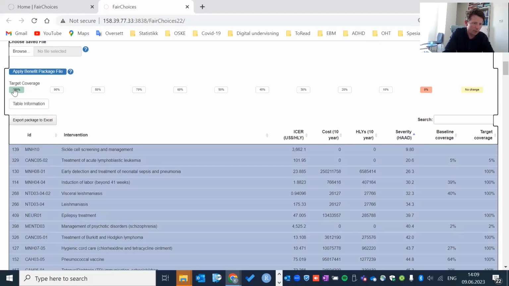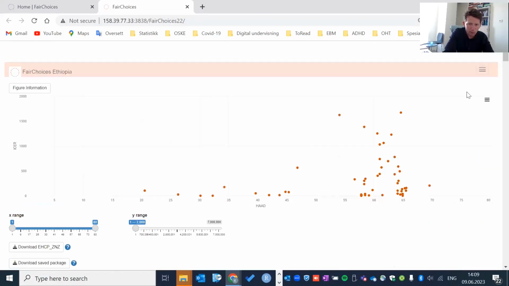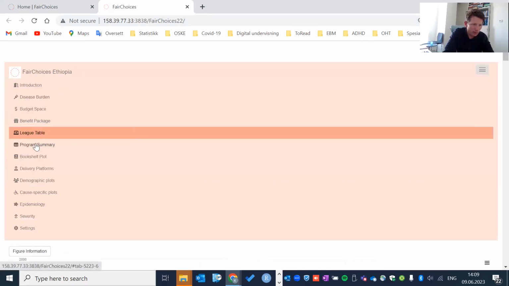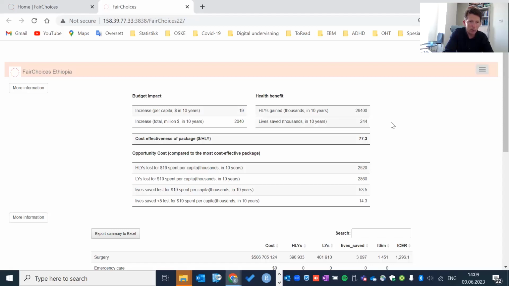And again, we can give 100% coverage, and we need to click twice. And we go back to the program summary, and we see how far we have gone with the budget. And now we increased it to $19 per capita.